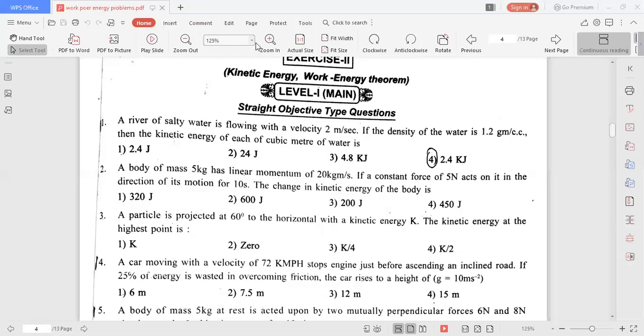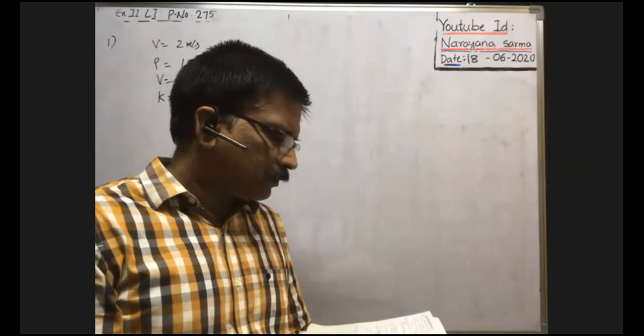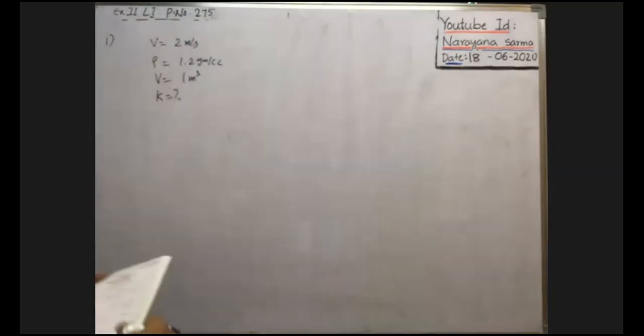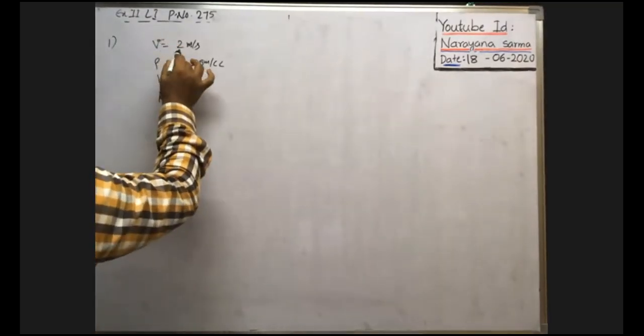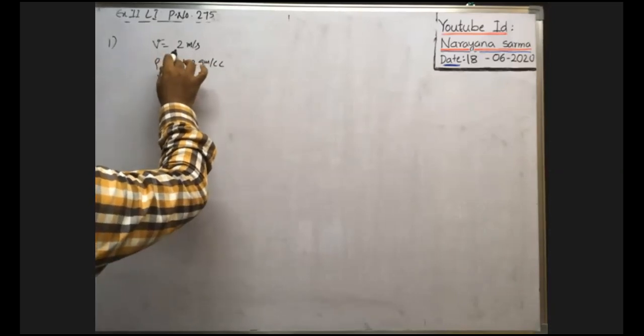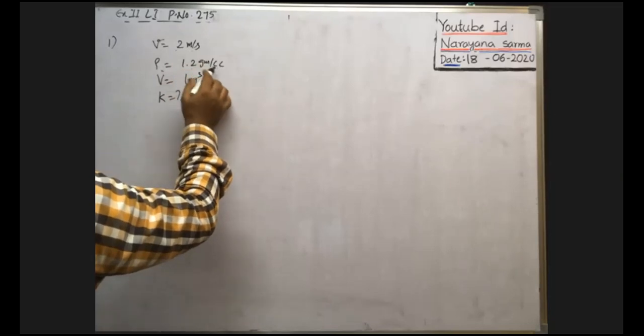Okay, so now all of you look at the board. Here the velocity of the water in the river is given as 2 meters per second. Density of the water is 1.2 gram per cc.